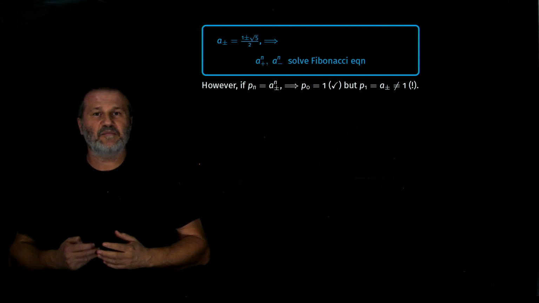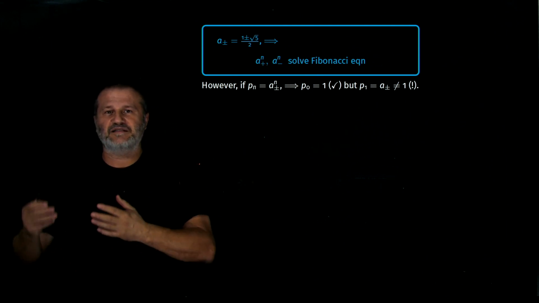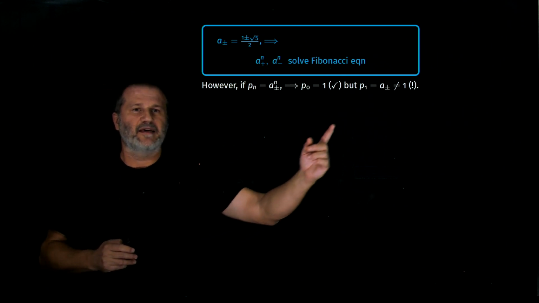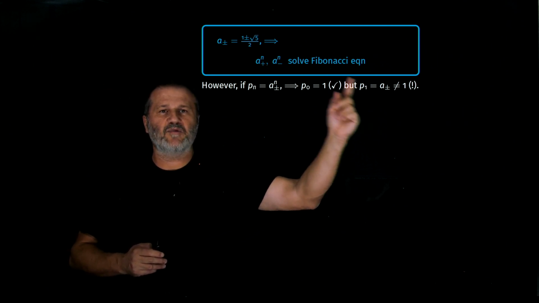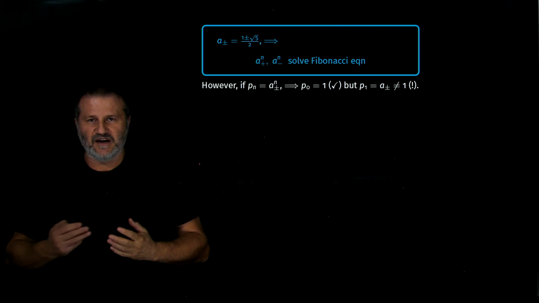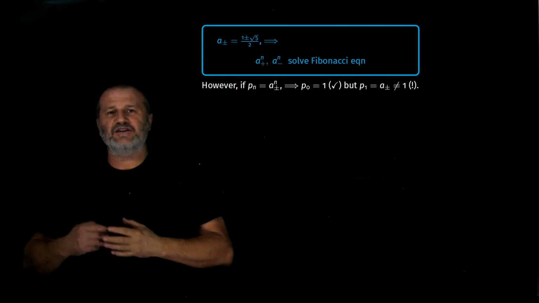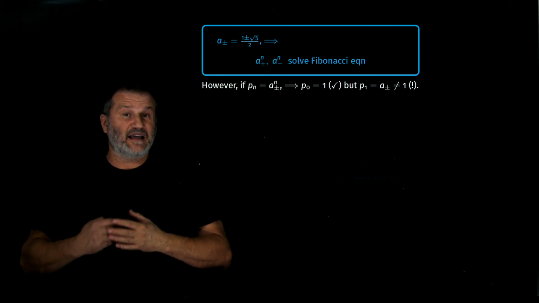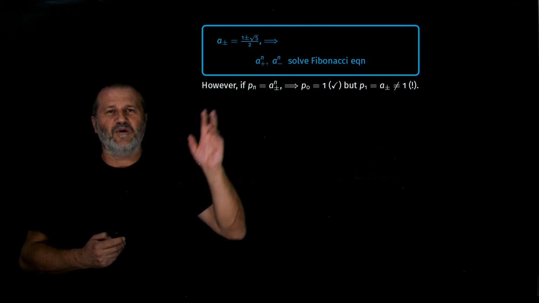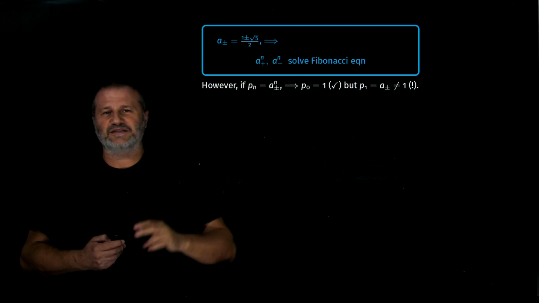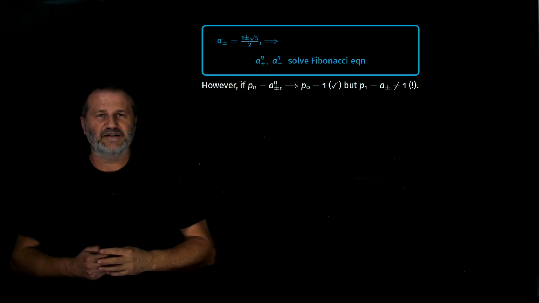Remember that the number of couples of rabbits at the first generation is just 1. And here we have P1 equal to one of these two numbers, which are not equal to 1, and they are not even rational numbers. They are irrational numbers. One can prove that these numbers are always irrational.